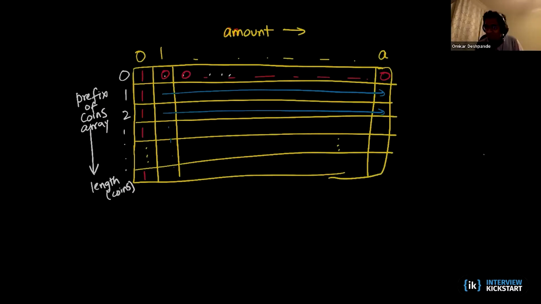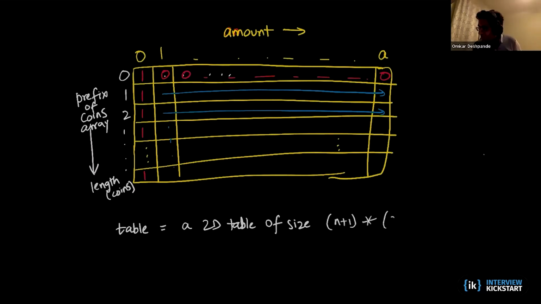So my table is going to be a two-dimensional table with size n plus 1 times amount plus 1.